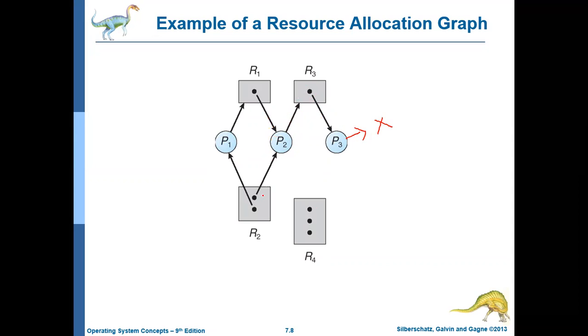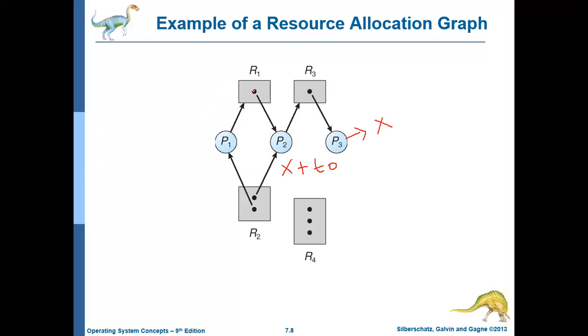Now P2 has all three resources R1, R2 and R3. Once it gets all the resources, it will complete at some time x plus t naught. At that time P2 will release R1, R2 and R3, everything.